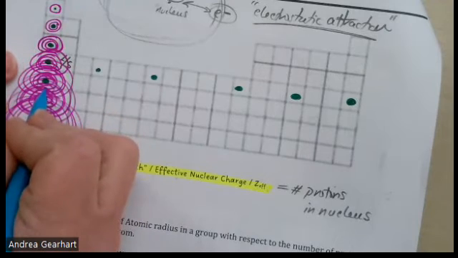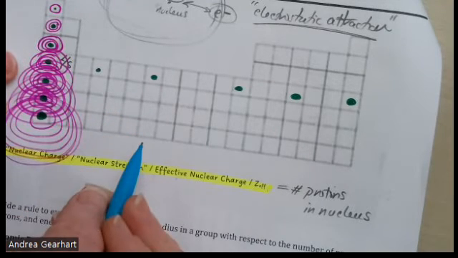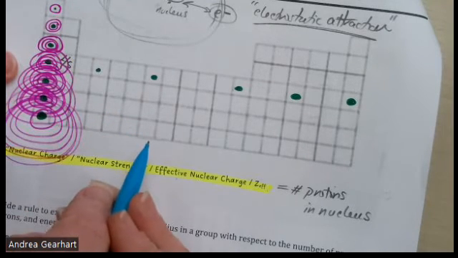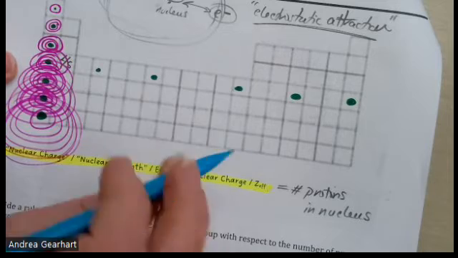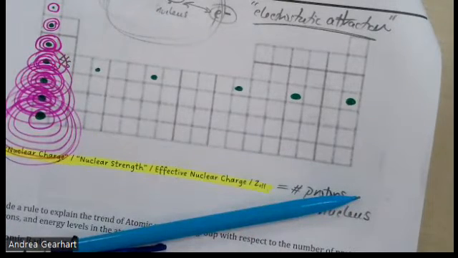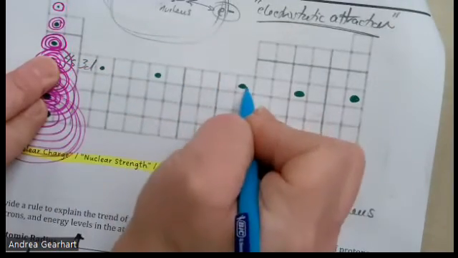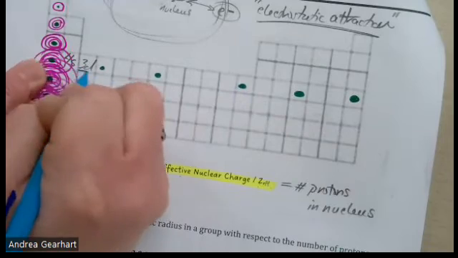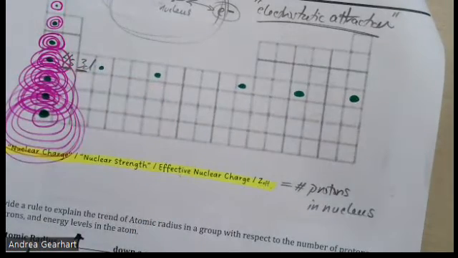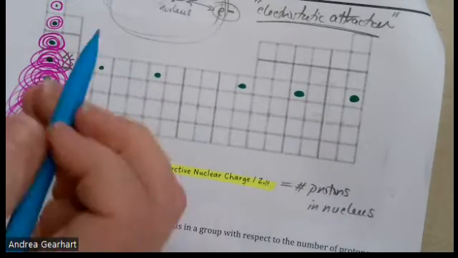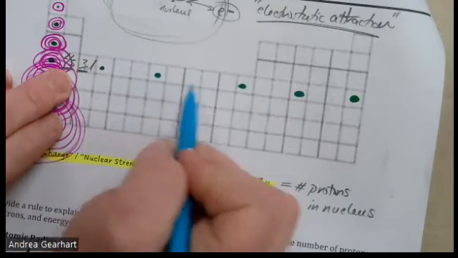Then where do we go? 3D, and then 3D1, 3D2, and so on. So 4th energy level, and then we go a little closer to the nucleus and keep adding electrons.